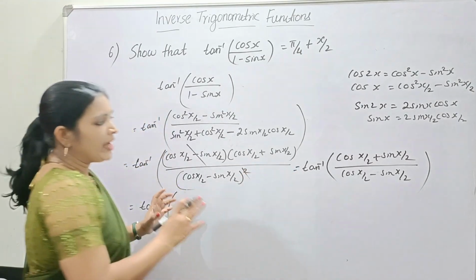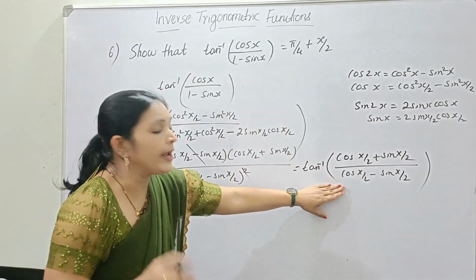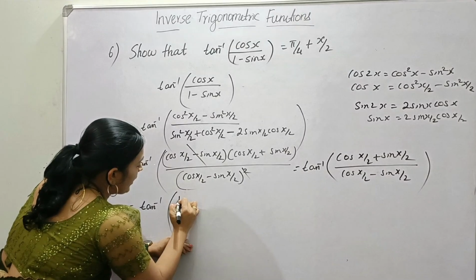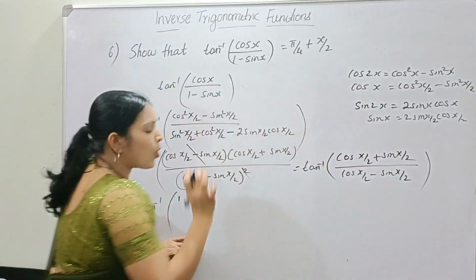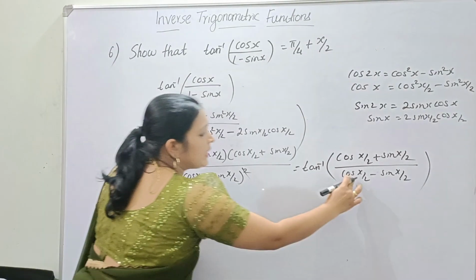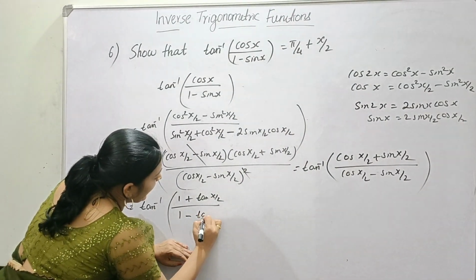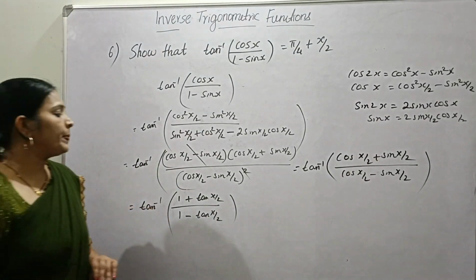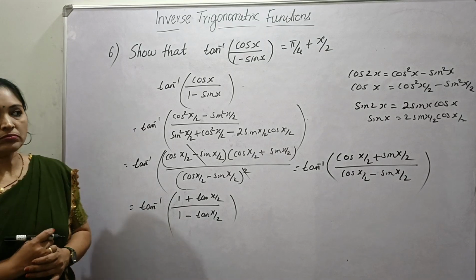So it will become 1, cos x by 2 by cos x by 2, plus sin x by 2 by cos x by 2, tan x by 2, divided by, here also cos x by 2 by cos x by 2, 1, minus tan x by 2. So 1 plus tan x by 2 divided by 1 minus tan x by 2.